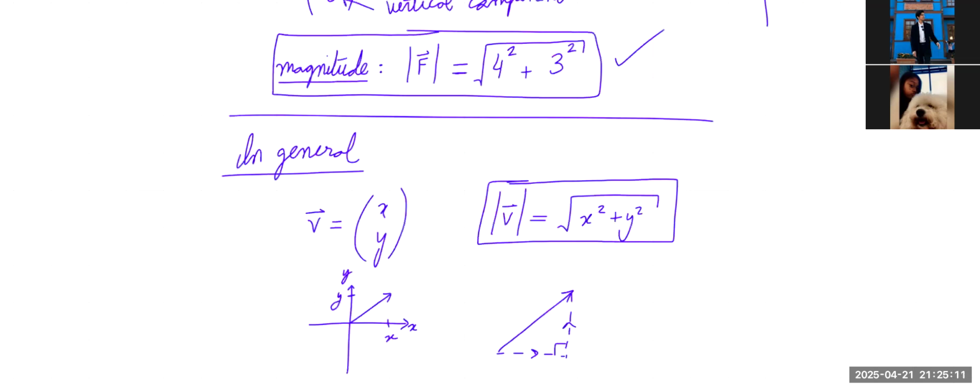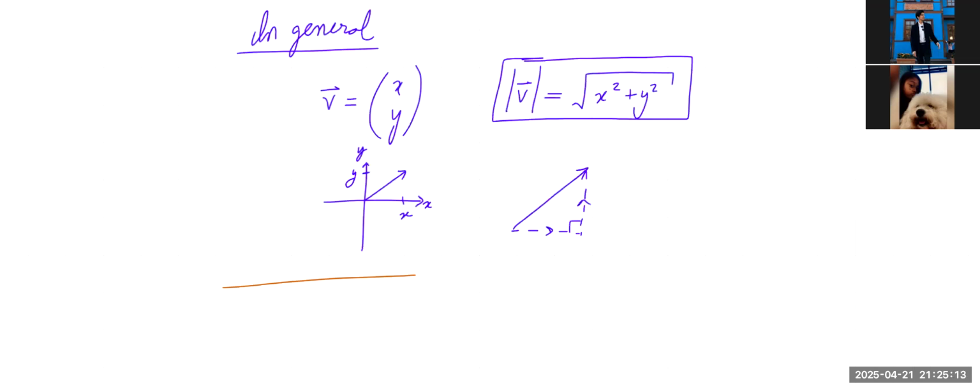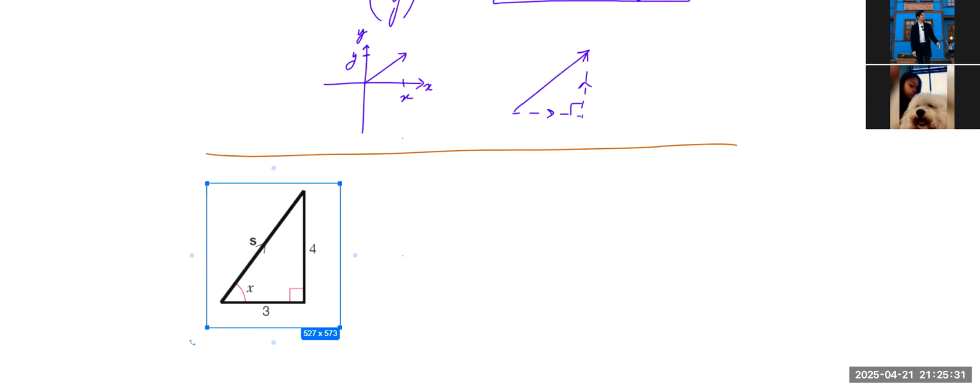So let me show you an example of this kind of situation. Let's say that you have a vector right there, and you want to find out the magnitude of this vector.